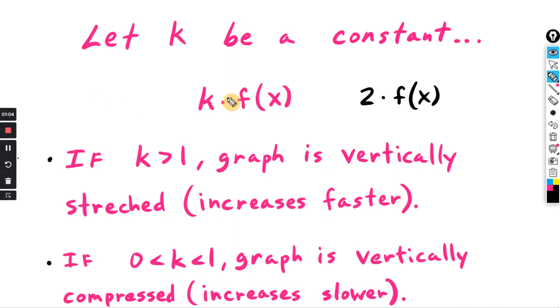On the other hand, if you took f of x and multiplied it by 1/2, all of the y values will be cut in half, and the graph won't increase as fast. In fact, it'll only increase half as fast, so it'll be more compressed. You'll see examples of that in a moment.